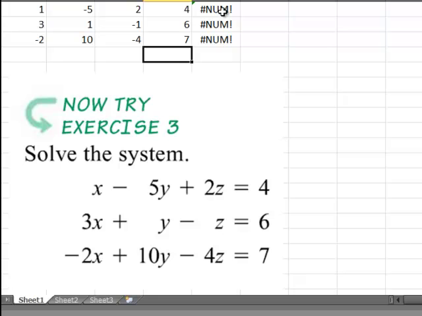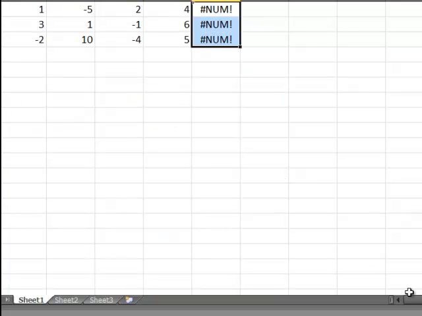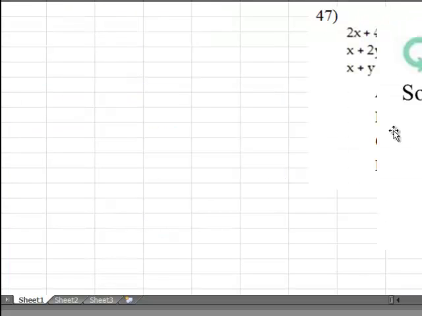If you notice, at some point here, I think it was right here, as soon as we got negative 4 here, then our answer matrix came up with no answer, and so that means there is no solution. The system is inconsistent, we would say.